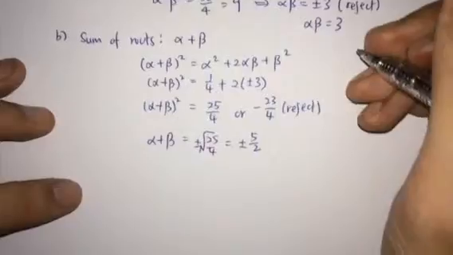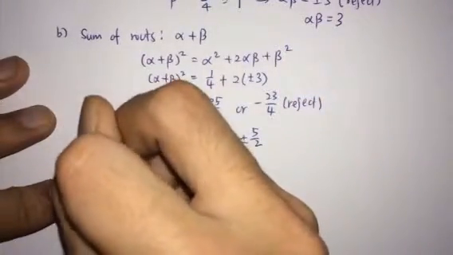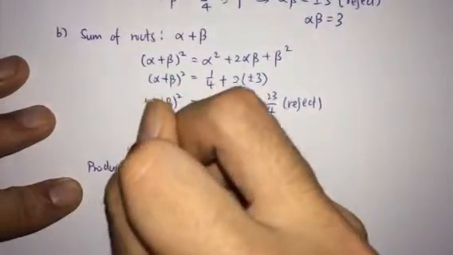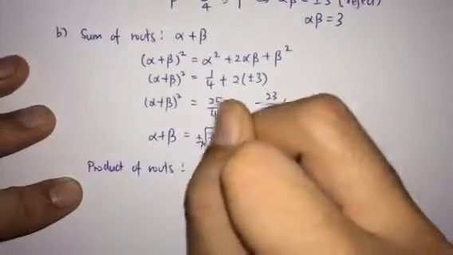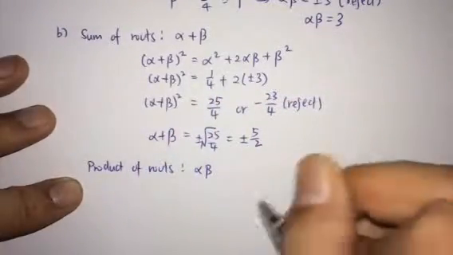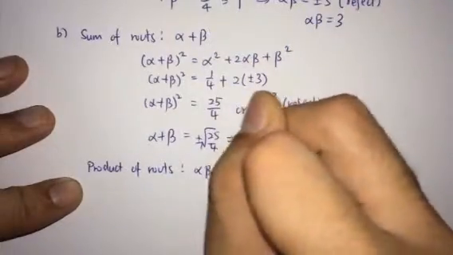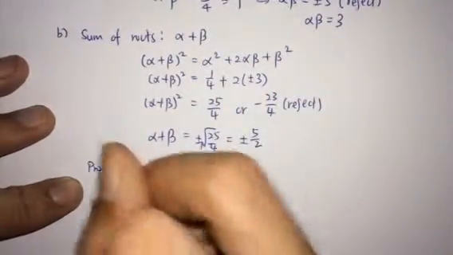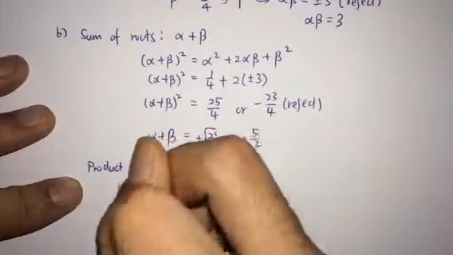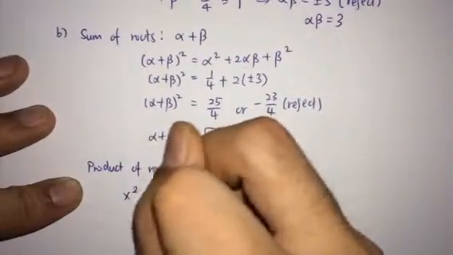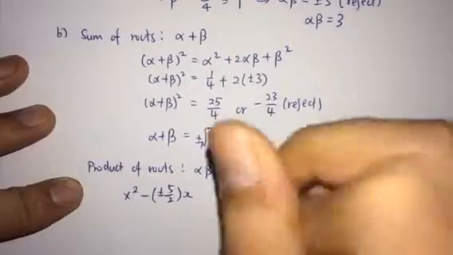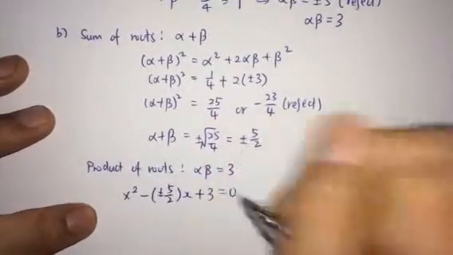Now let's proceed to find the product of roots. The product of roots will be alpha beta, which as you can see earlier, we already know is equal to 3. Therefore, the equation required will be x squared minus sum of roots x plus product of roots.